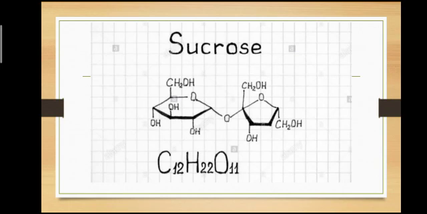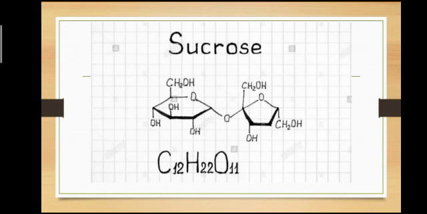So there is no common number, so the ratio is 12:22:11. Definitely, this is not a simple ratio. So the first two examples have a simple ratio, whereas the third one has a complex ratio.